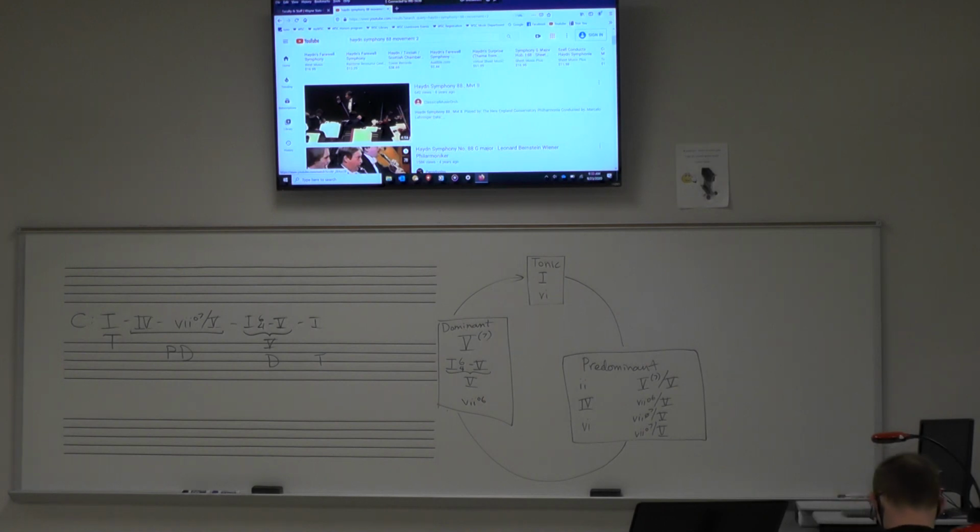Who can tell me the key of this example? E-flat major, right? There are a few nuances, but if you just analyze basically a 1 chord for every 2 bars, you'll have the passage analyzed in enough detail to understand the overall progression.